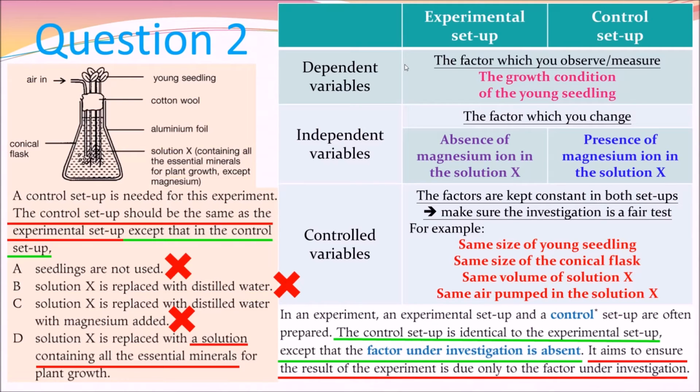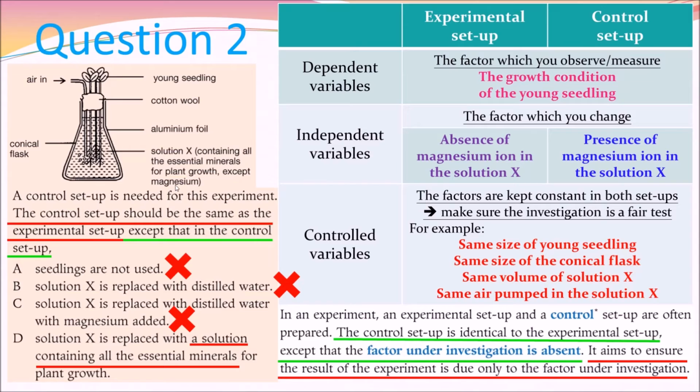And then B, solution X is replaced with distilled water. Imagine that. For the plant in the experimental setup, I provide solution X containing all minerals except magnesium. So you can imagine that it cannot grow healthily already, right? So for the control setup, we expect something different.